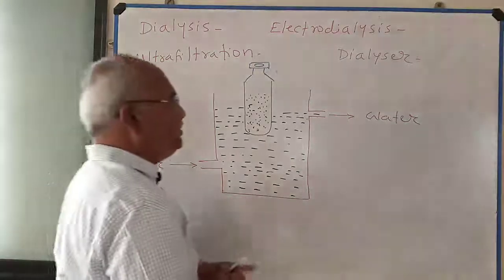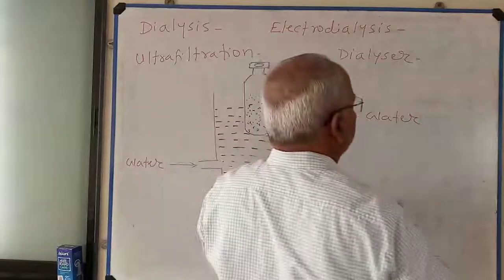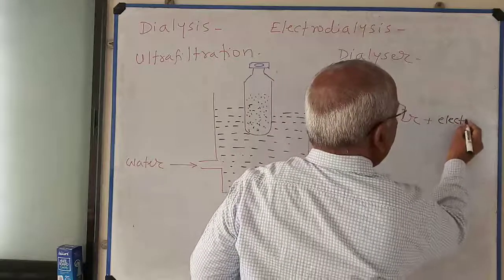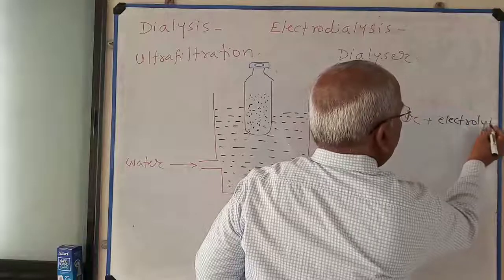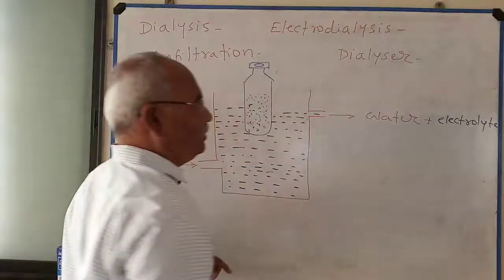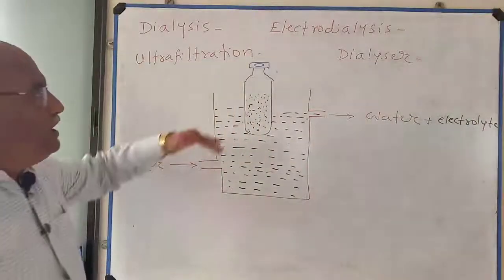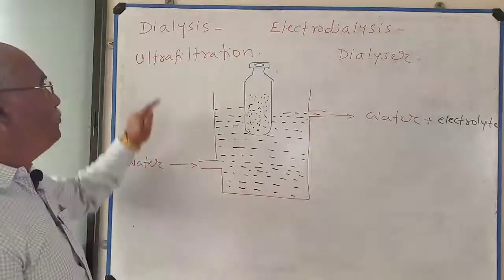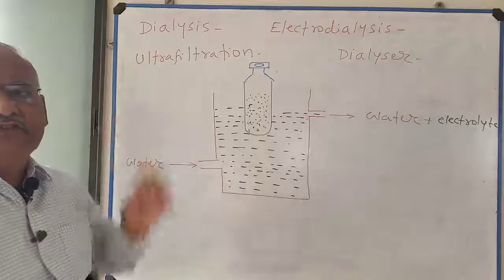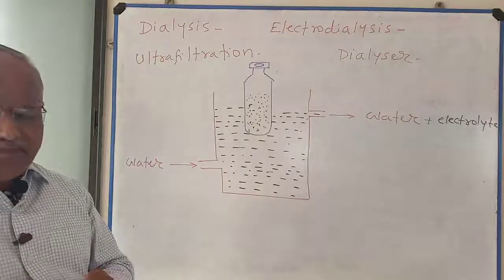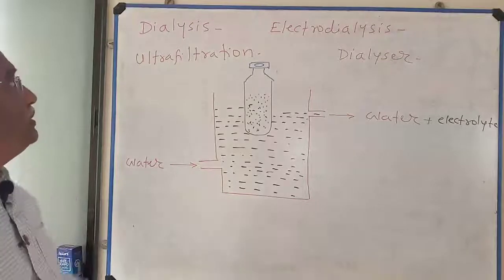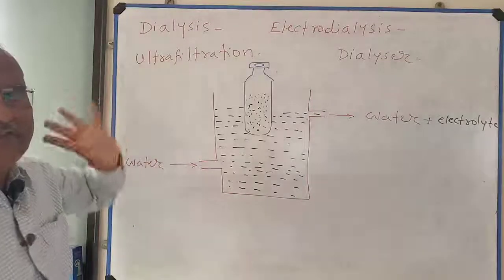The impurities, water plus electrolyte, are removed through this outlet. So the level of impurity is decreased in the process of dialysis. So remember, a very simple method used for the purification of colloids is dialysis.